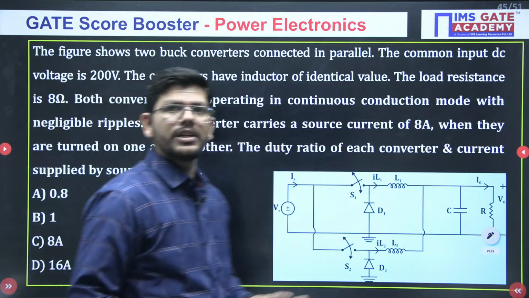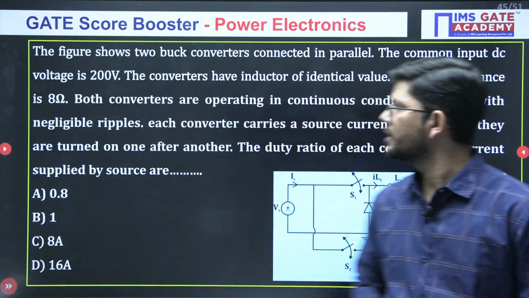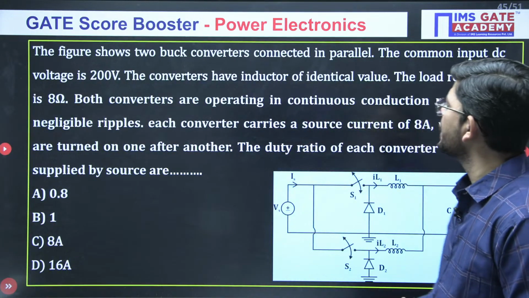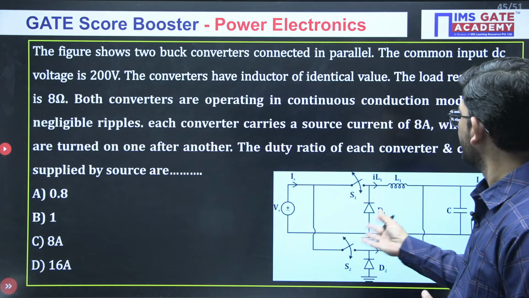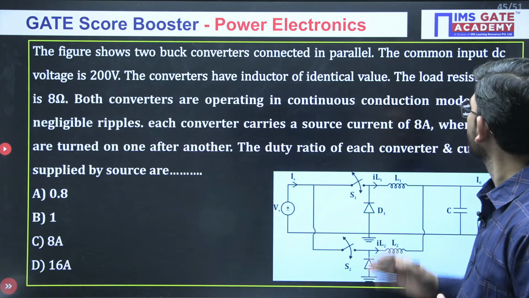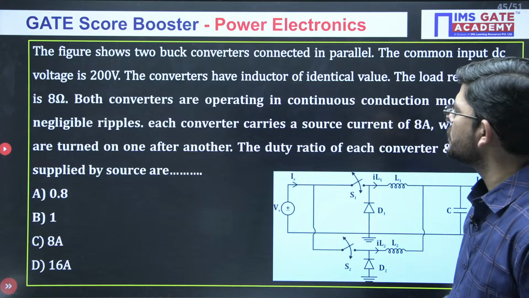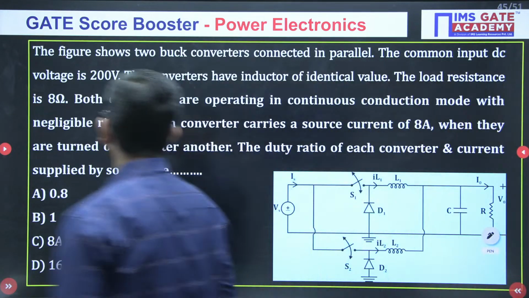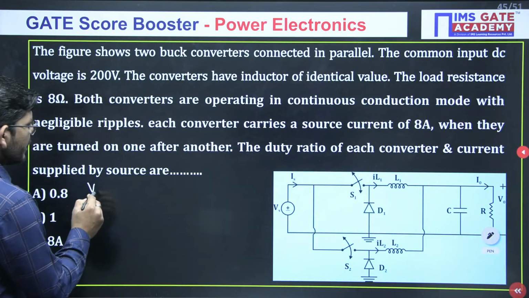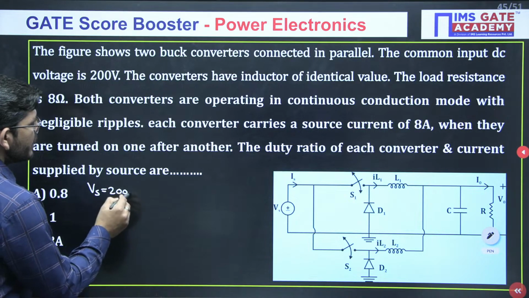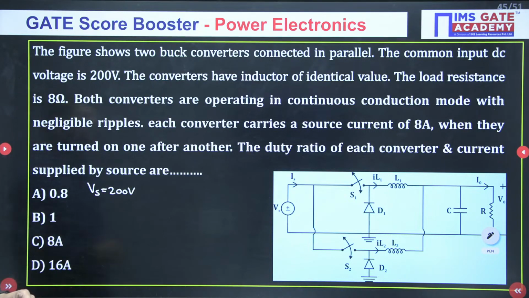Very good. Now just see this question. This is a very good question. The figure shows 2 buck converters connected in parallel. So we have the same interleaved converter. The common input DC voltage is 200 volt. The converters have identical inductor value.